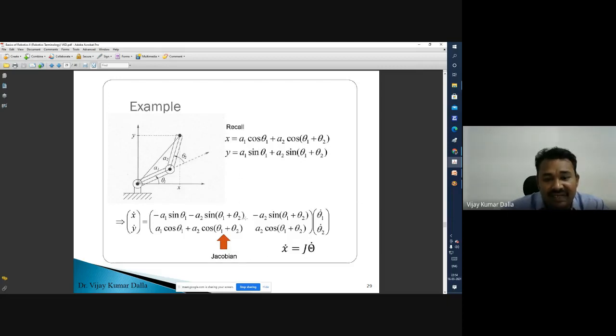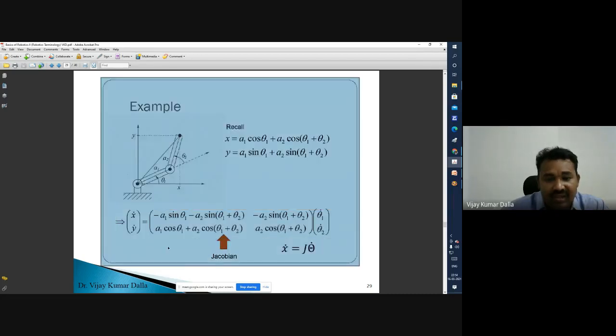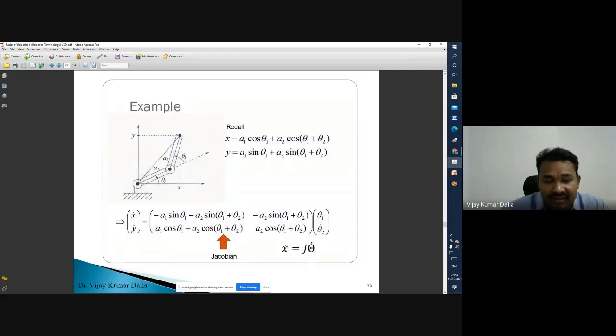In this way we can get this matrix. The middle term is known as the Jacobian. In place of this middle term, we have put the J term, which represents the Jacobian, and theta dot.